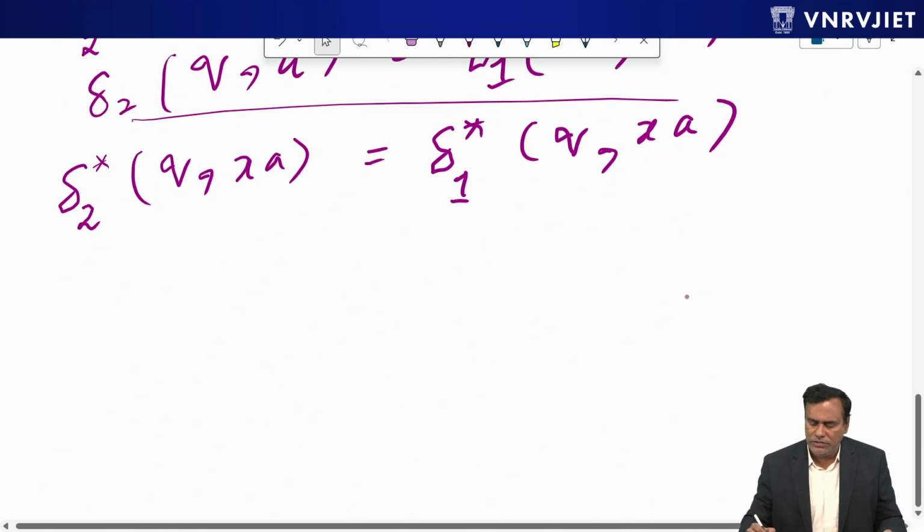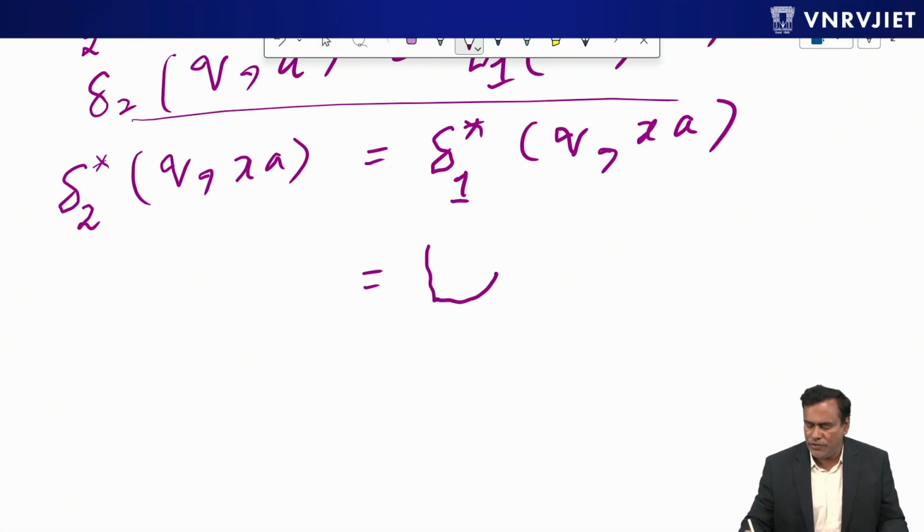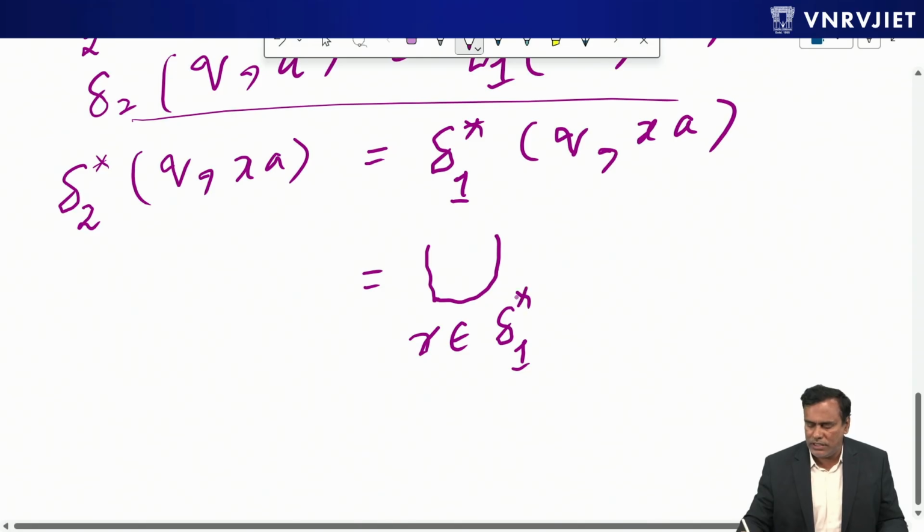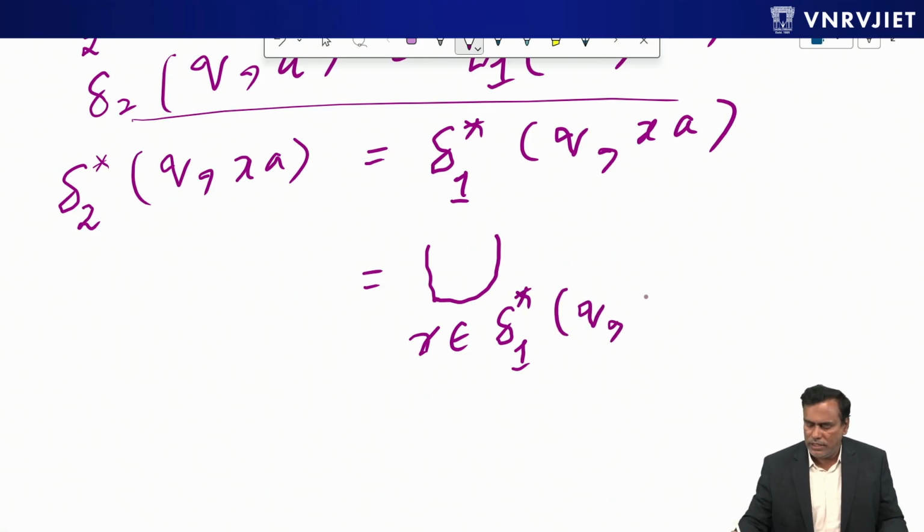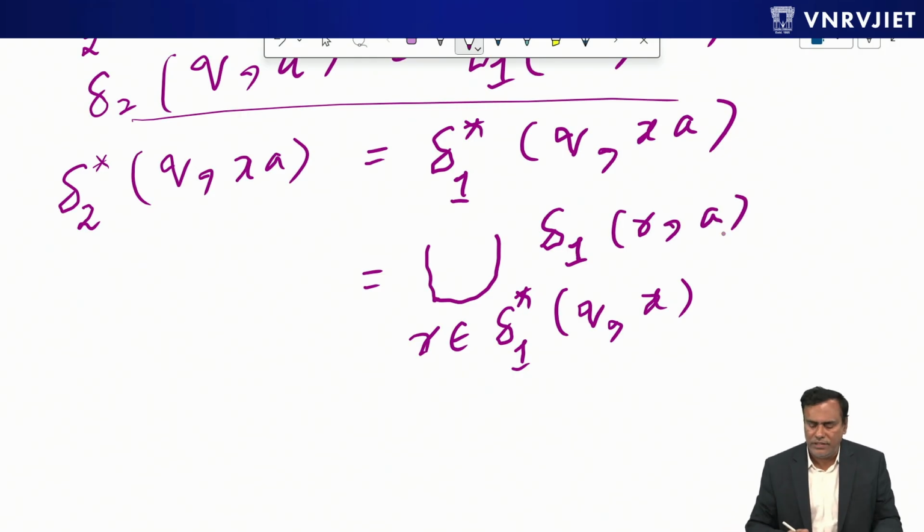So this can be rewritten as the union over R belonging to delta 1 star of QX of delta 1 of RA. See, on the left side you have delta 2, and on the right side you have delta 1.